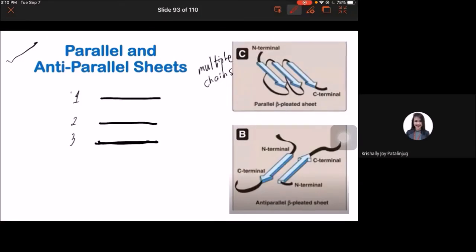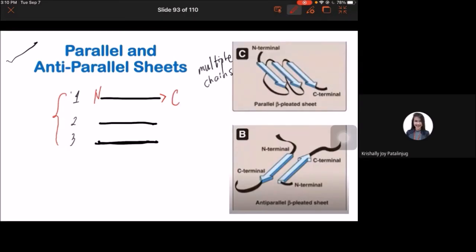For instance, in the first illustration, the N-terminus of the first chain is here, and the C-terminus is here.